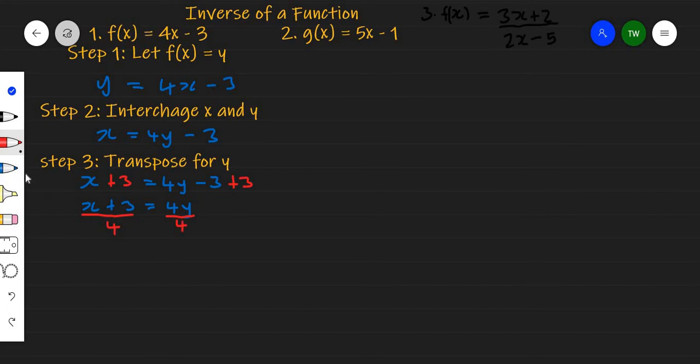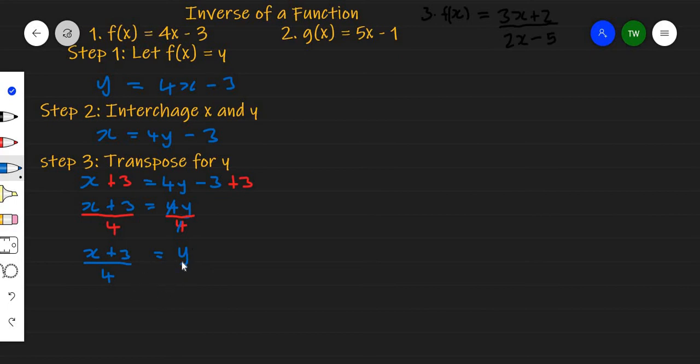Right? Now, 4 will cancel out 4, leaving back y. And on this side, what I'm left with is just x plus 3, all divided by 4. At this stage, you have to remember that it is the inverse we're finding.